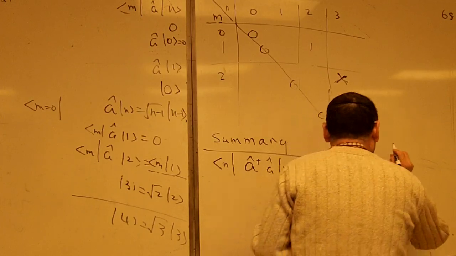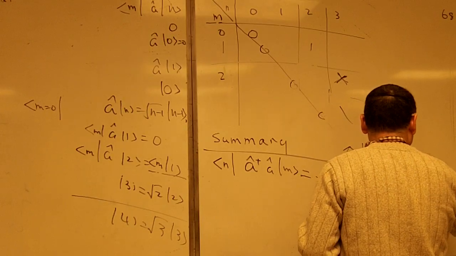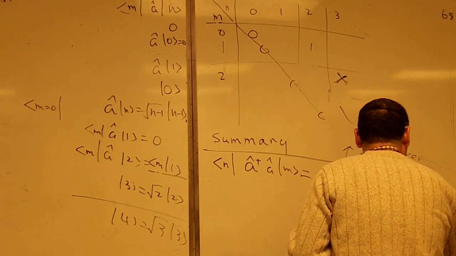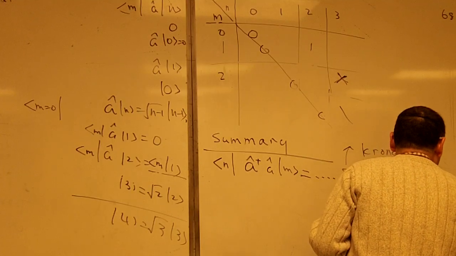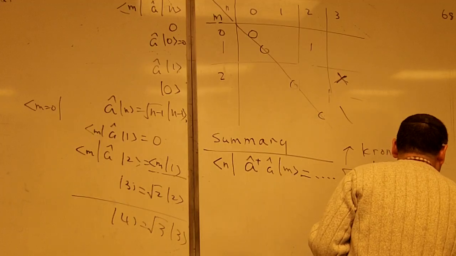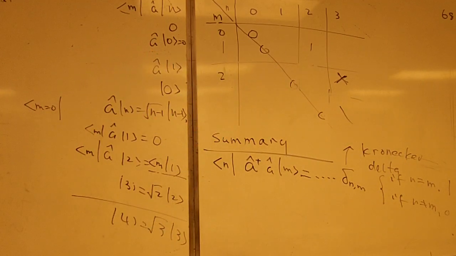This delta is called a Kronecker delta. If n equals m, this will equal 1. If n not equal m, this is going to be 0. This is if both A dagger and A appear at the same time.